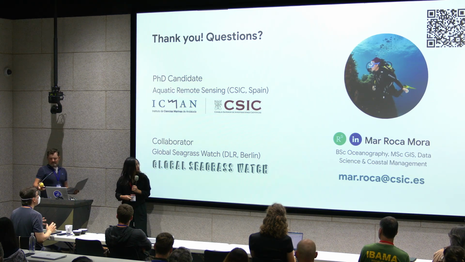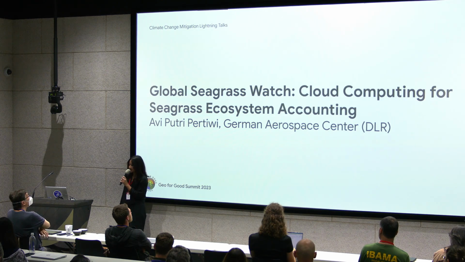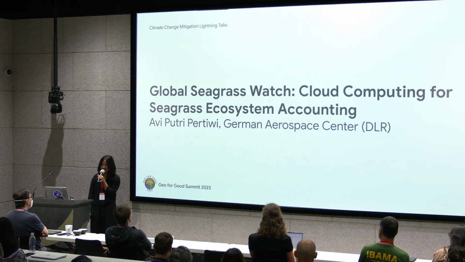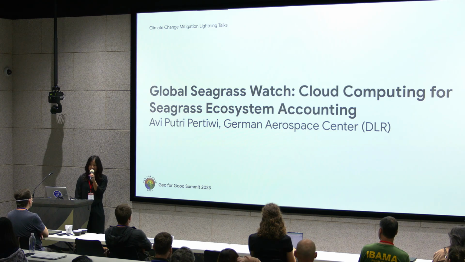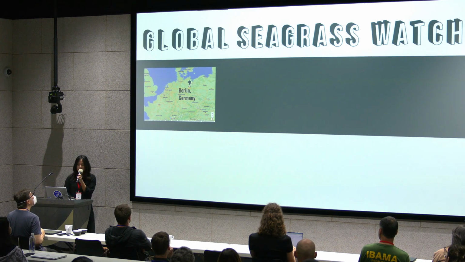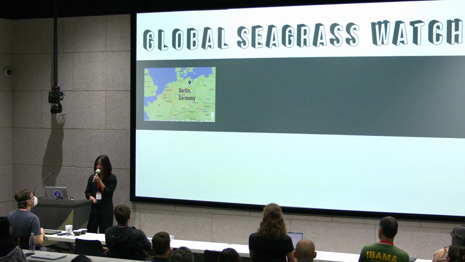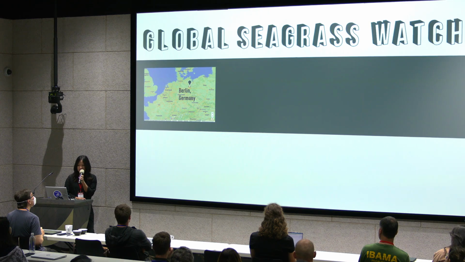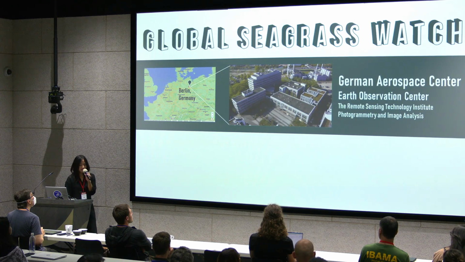So yeah, my name is Avi, and in this 5-minute talk, I'm going to walk you through our project called Global Seagrass Watch. We are a small team of 4 people working in Berlin, Germany, under the German Aerospace Center.